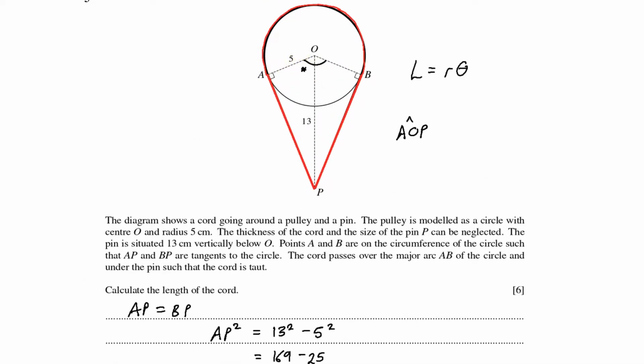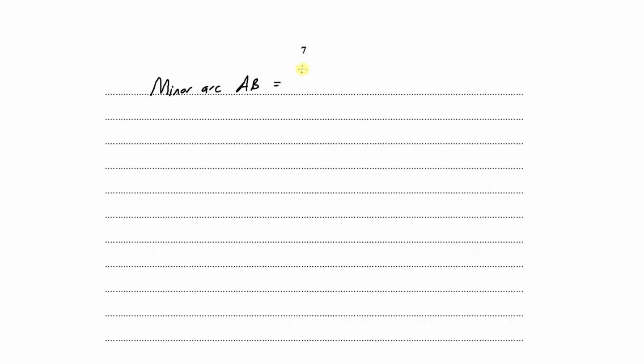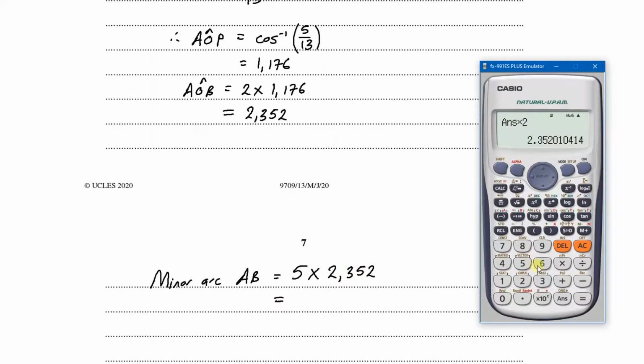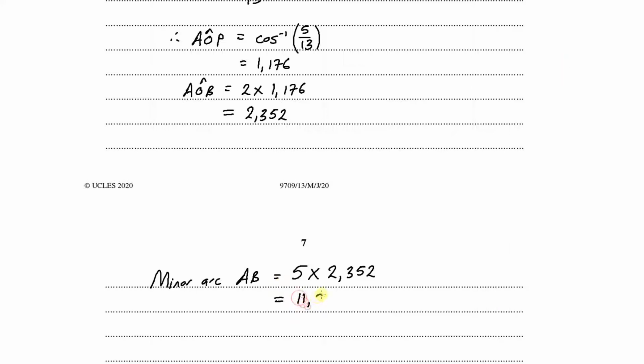So we use 5 here. So that's 5 times theta. We had obtained theta to be 2.352. So times 2.352. So that's times 5. And we get 11.76. So that's the length of the minor arc.